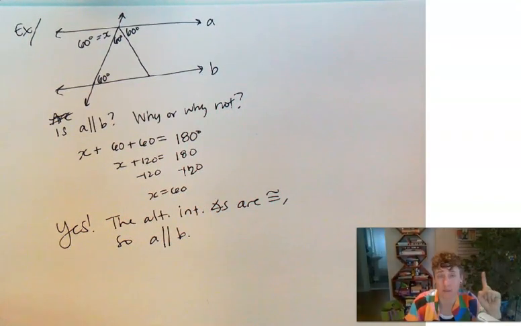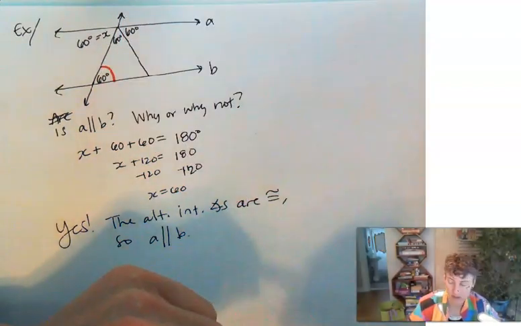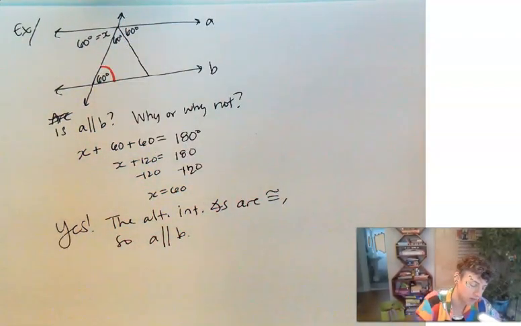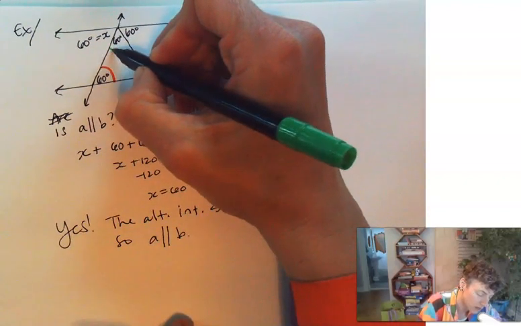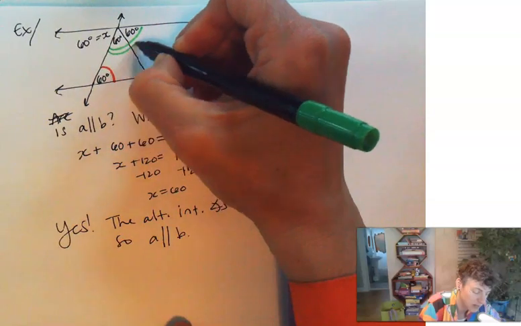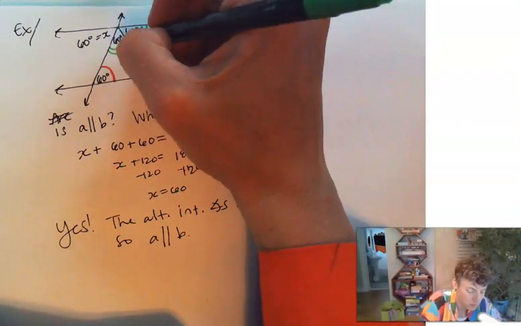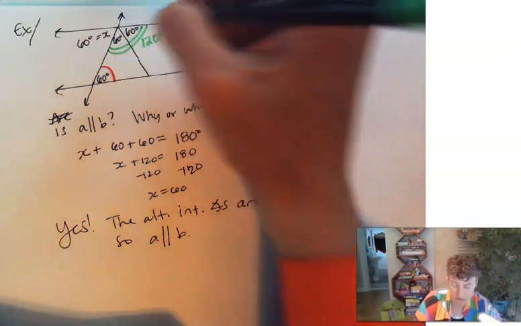Now we could have done this a different way, without even solving for x. We could have seen this angle 60 and this giant angle here that encompasses both the 60-degree angles up at the top. That guy is 60 plus 60, which is 120 degrees.